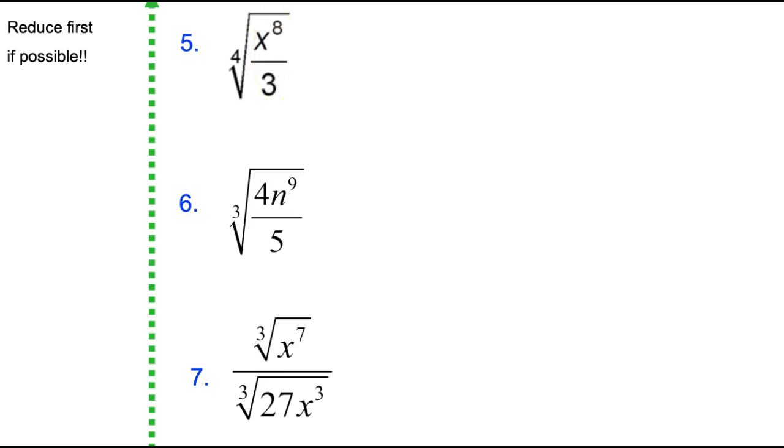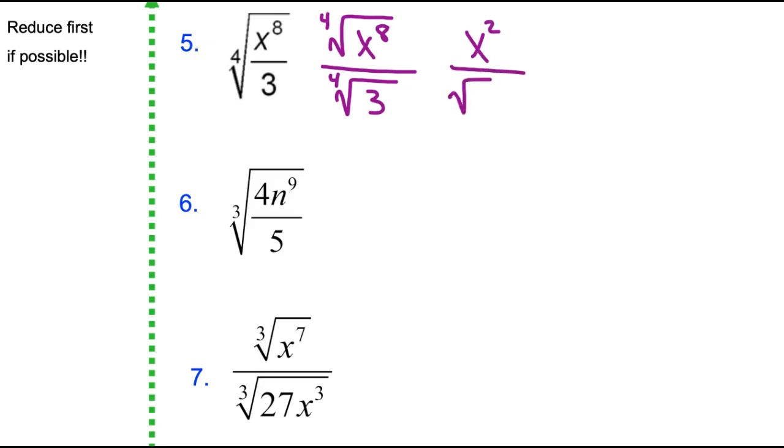So now let's break it up into parts. Fourth root of x to the 8th over the fourth root of 3. Fourth root of x to the 8th, and the top is a perfect fourth root, so that's going to be x squared. And in the bottom, we have this crazy fourth root of 3 going on.